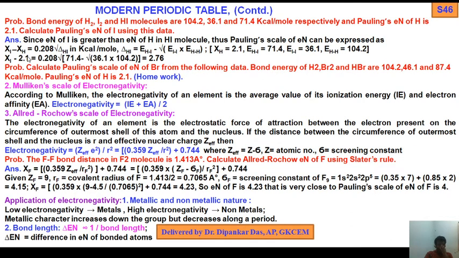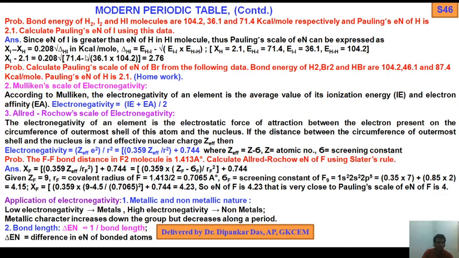chi I minus chi H equals 0.208 root delta HI in kilocalorie per mole, where delta HI equals EHI minus under root EII times EHH. Chi H is given as 2.1, EHI is 71.4, EII is 36.1, and EHH is 100.2.